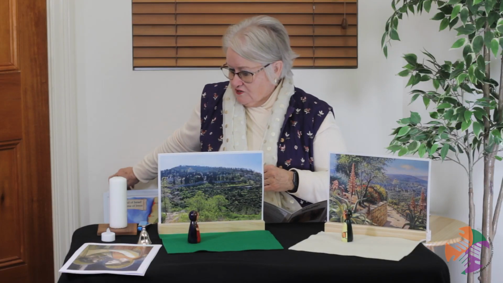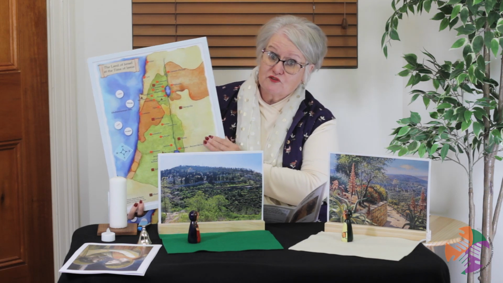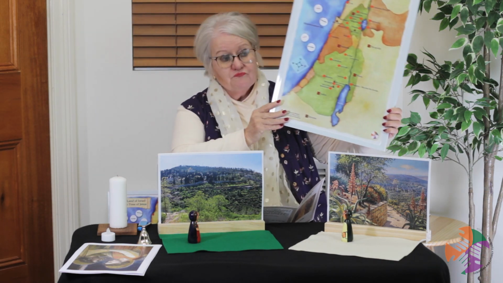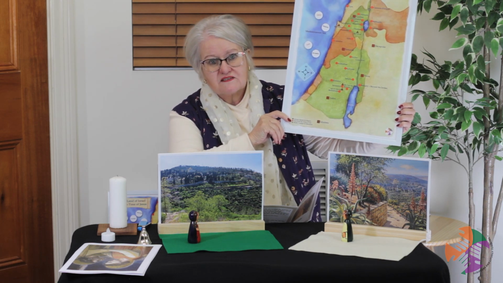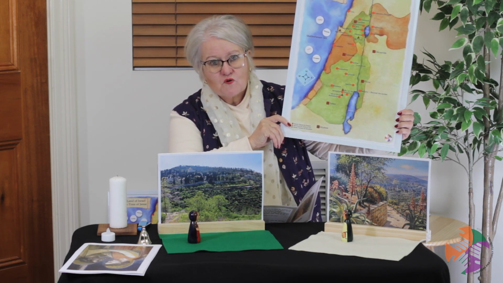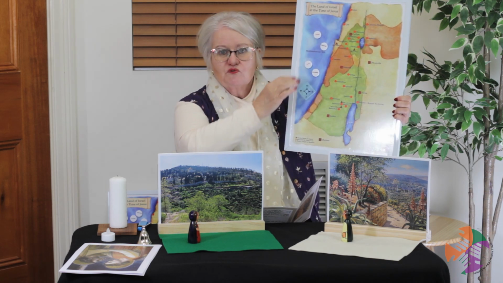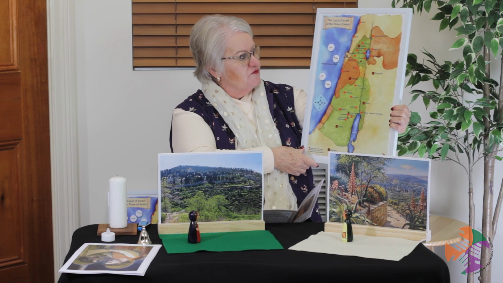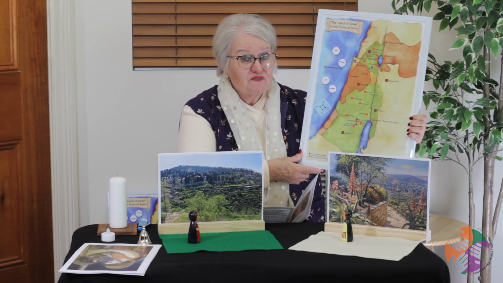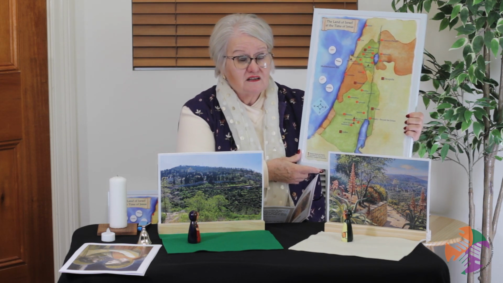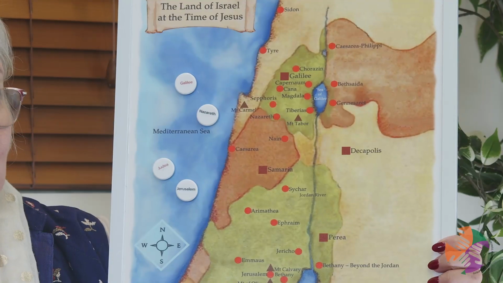Then we also need to refer to a map of Israel. It could be the raised map of Israel, which I do have, or this, to draw the children's attention to the place and the space where things happened and the distances. So in this case, I've removed all the other magnets and just left on a few magnets relating. We don't actually have the name of the place in the Bible where Elizabeth lived. It was in the mountain area close to Jerusalem.